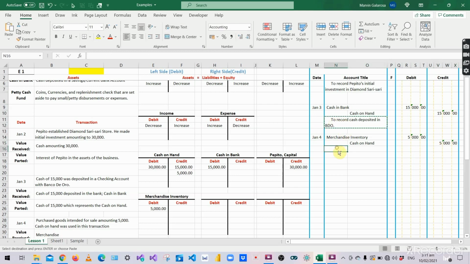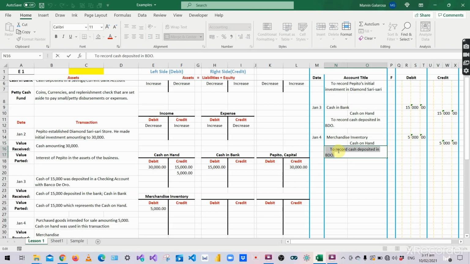Then, wag mong kalimutan yung description. To record goods purchase that are intended for sale.